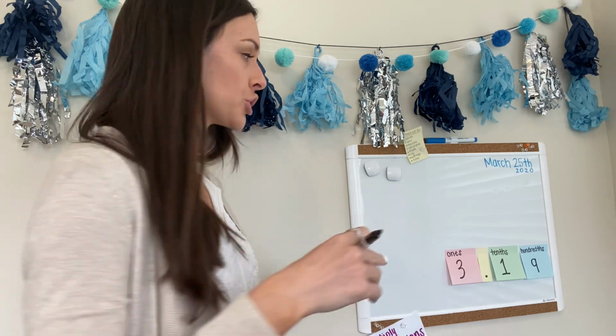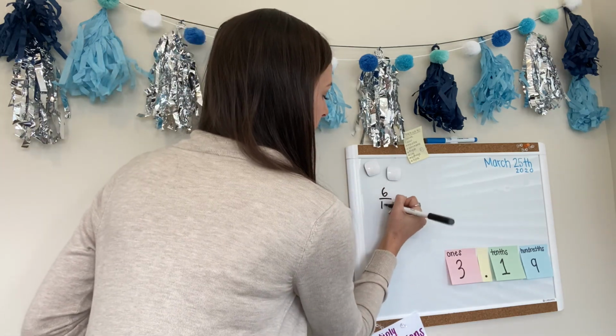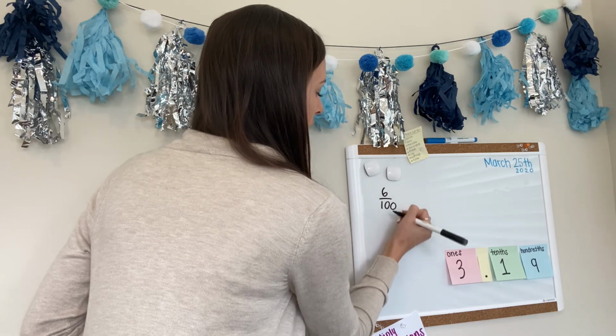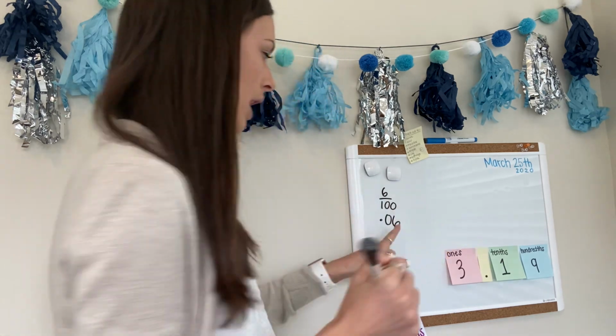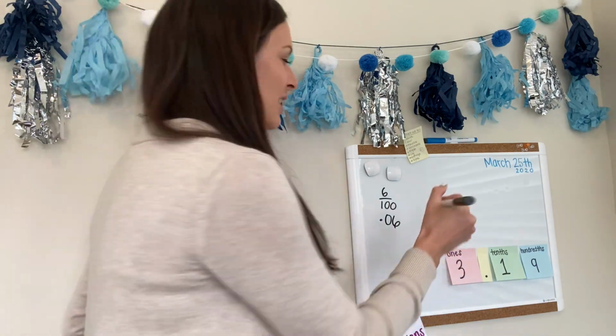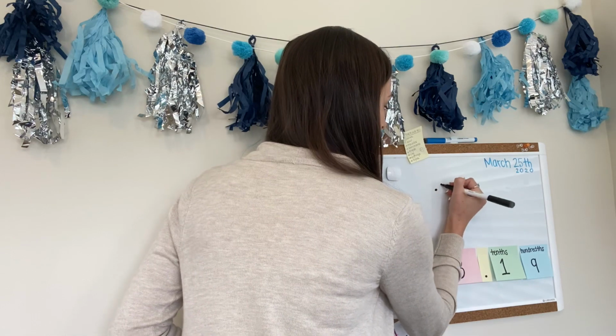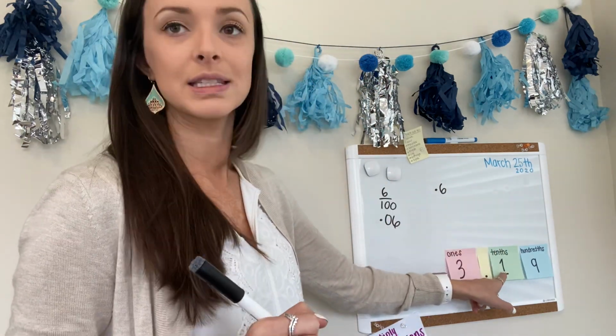So 600ths, if you wrote it as a fraction, would be 6 hundredths. I put my 6 in the hundredths place. If you wrote this, that is 6/10.